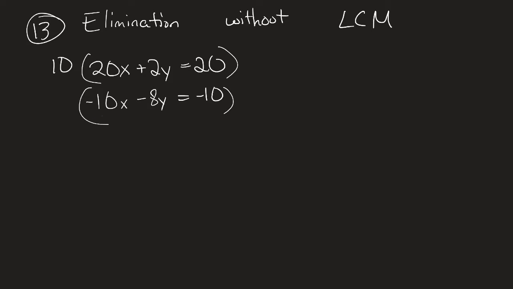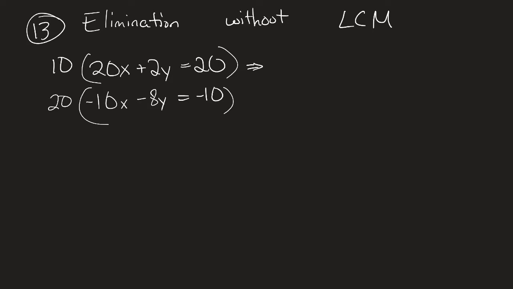So we're going to multiply the top equation by 10. And then we're going to multiply the bottom equation by the coefficient of x of the top one. So we're switching our x coefficients. So that we're going to have 10 times 20 as our new coefficient of x. And then we're going to have 20 times negative 10, which is just 10 times 20, but negative, of our coefficient of x on the bottom.